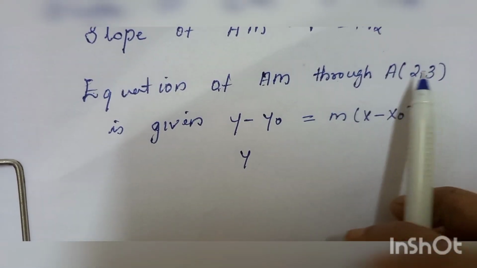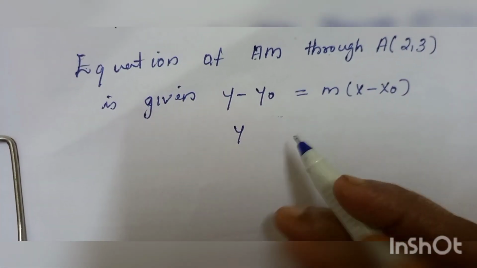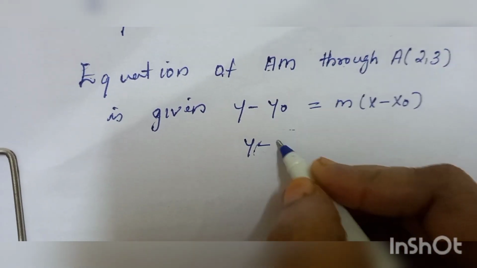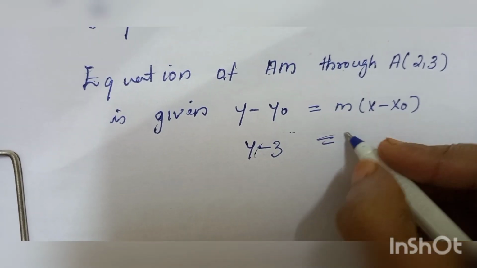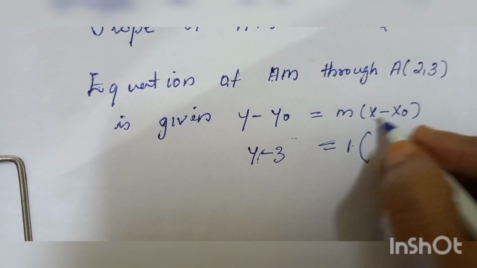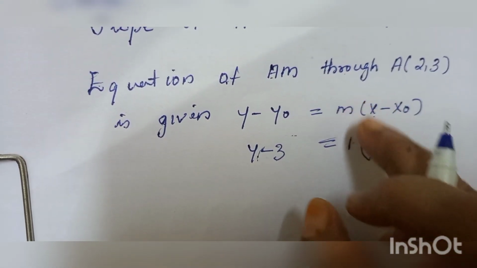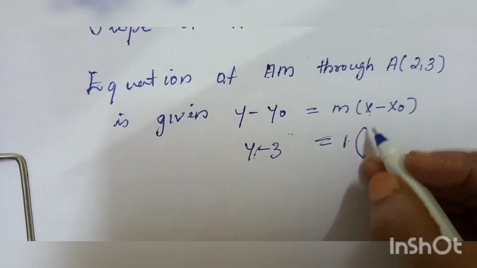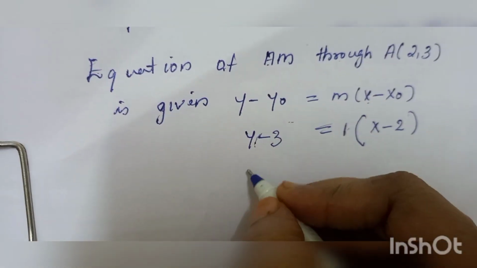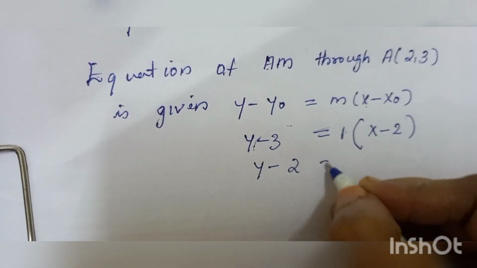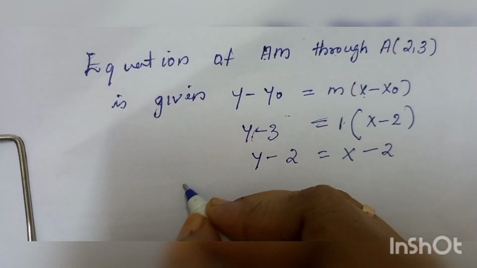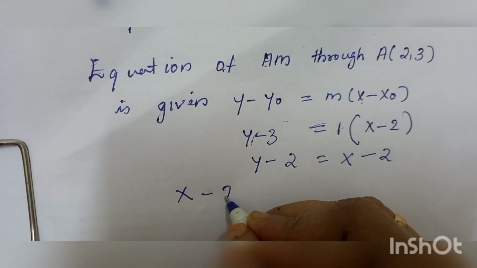The equation of AM through A(2, 3) is given by y minus y naught, where y naught is 3 here. Y minus 3 is equal to M, which is 1, times x minus x naught. Here M2 is 1, so 1 times x minus 2 we have to write. So after simplifying we get y minus 3 is equal to x minus 2.